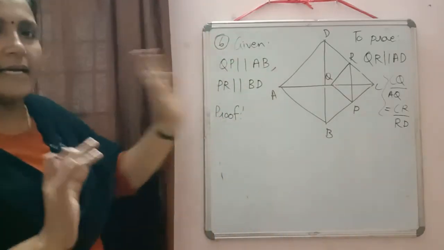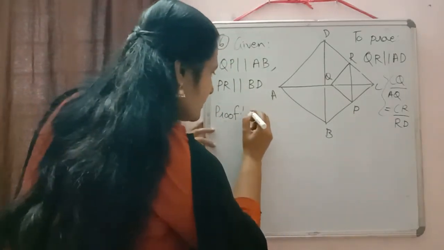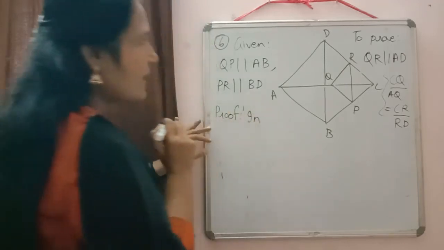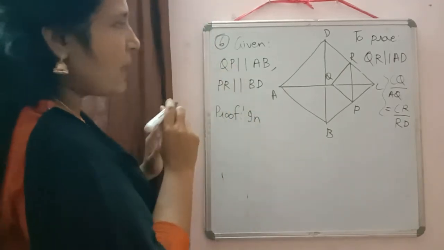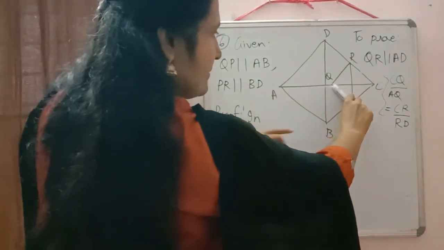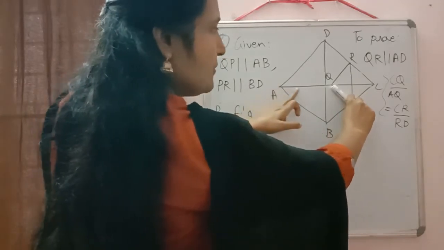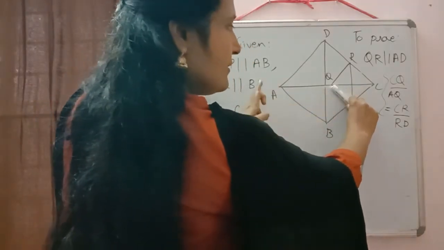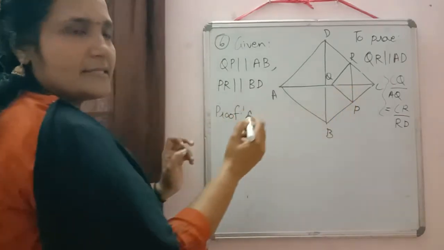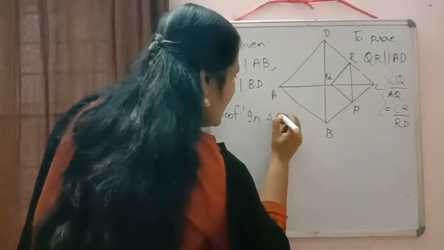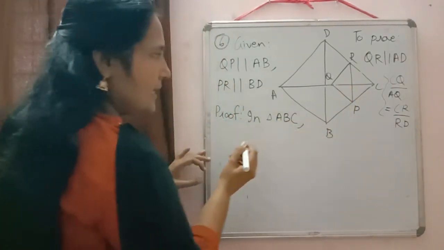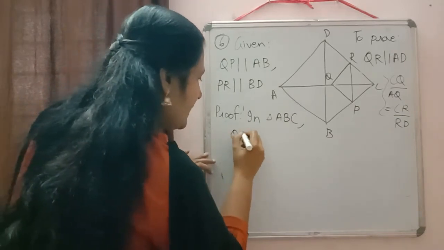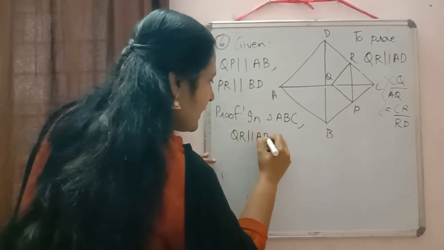Now we will check the conditions given in the question. First we need a triangle. QP is parallel to AB is given, in triangle ABC. So we write: in triangle ABC, we have QP parallel to AB.